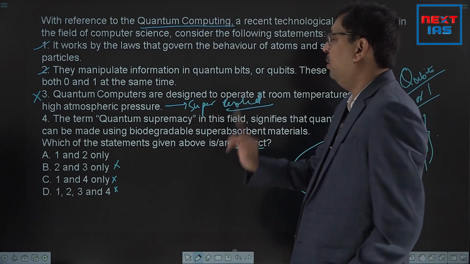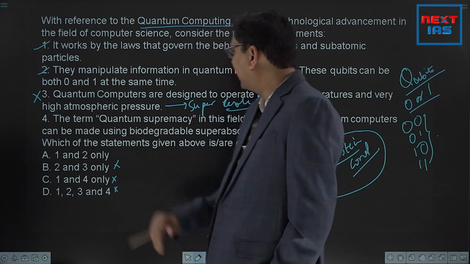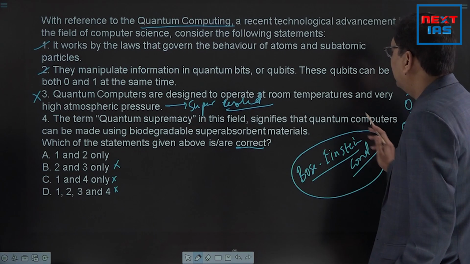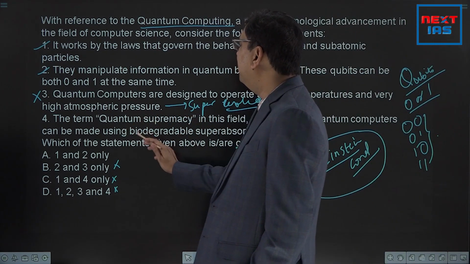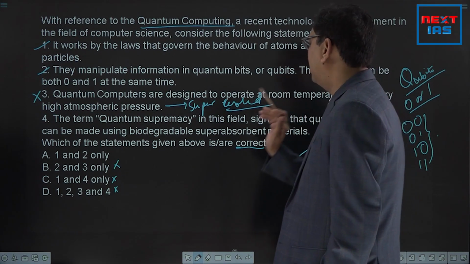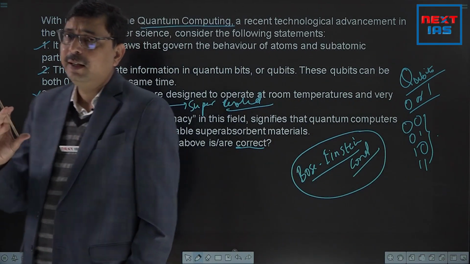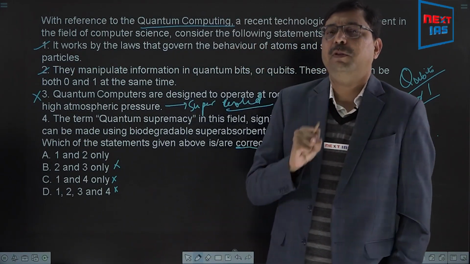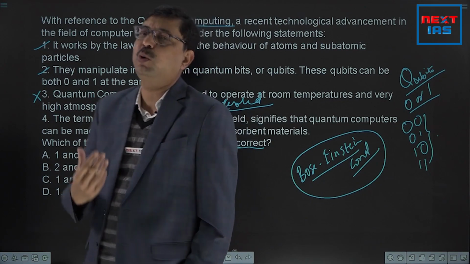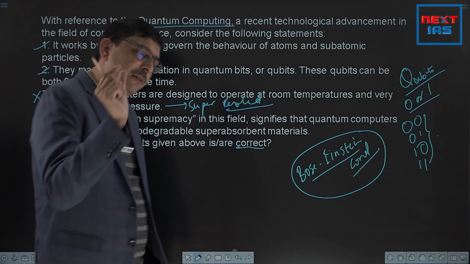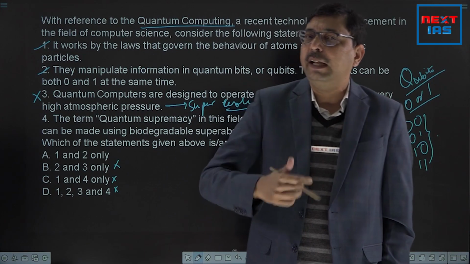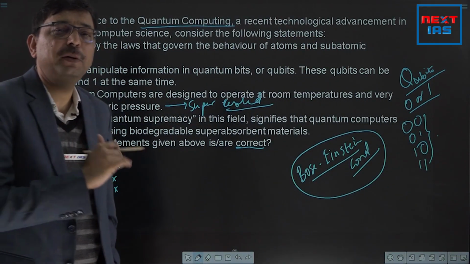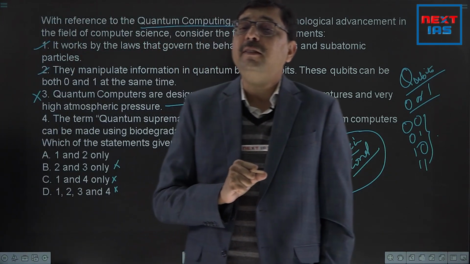So we have reached the answer, 1 and 2, but let me give you the whole concept. The term quantum supremacy in this field signifies that quantum computers can be made using biodegradable, superabsorbent materials. That is not so. Quantum supremacy: Google developed a quantum computer, and that quantum computer performed a calculation which the supercomputer of IBM would take 10,000 years.